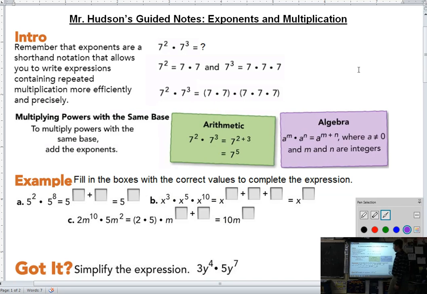Okay, so in this one, you're going to be adding numbers with exponents on them. So the way this one works is you go through and you add the exponents. So if you have 5 to the second times 5 to the 8, this is what it will look like.